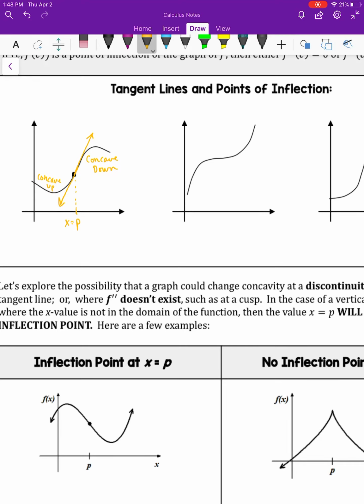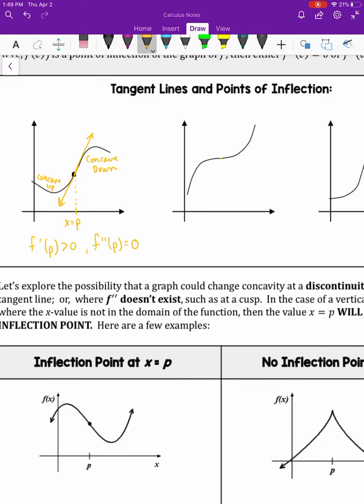Here's the equation of the tangent line, and you can see that at P your derivative is greater than 0, and your second derivative at P would be 0 because it's changing concavity there. That would be your critical point for your second derivative.